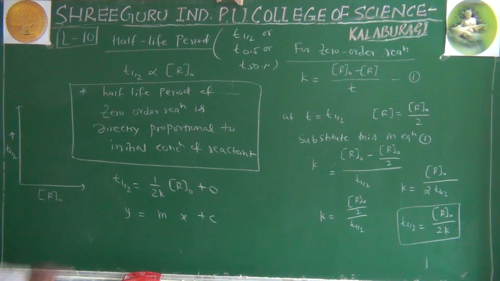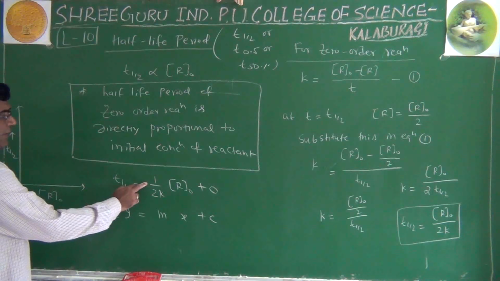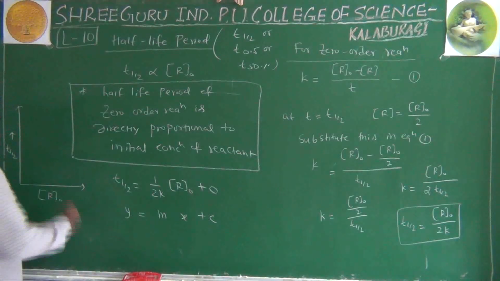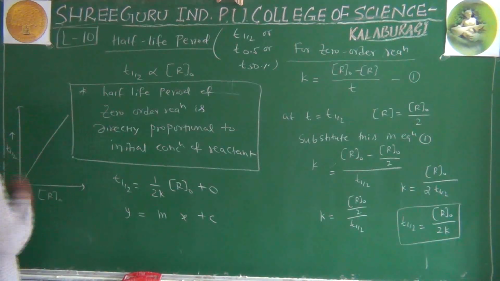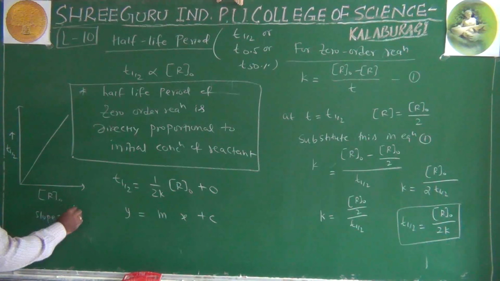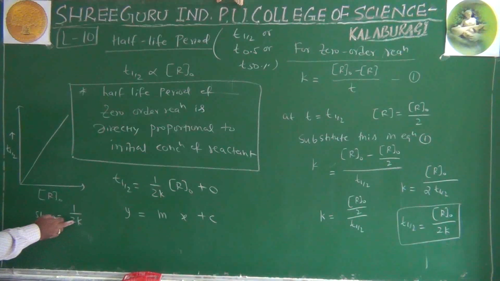The graph is positive, remember, and it should pass through the origin because the intercept equals 0. The slope is equal to 1 by 2K, so K is equal to 1 by 2 into slope. We can calculate the rate constant from this graph.